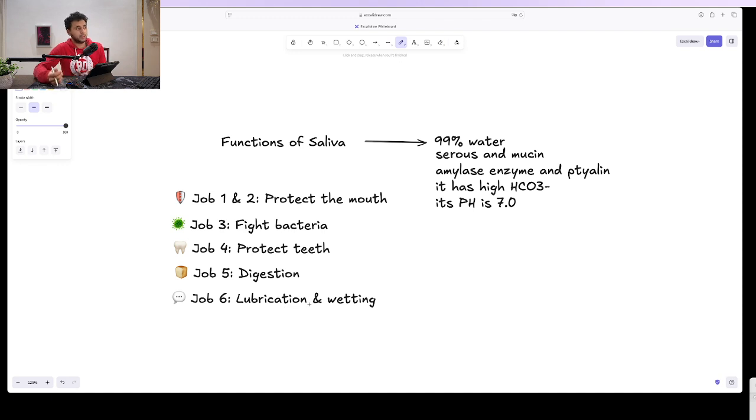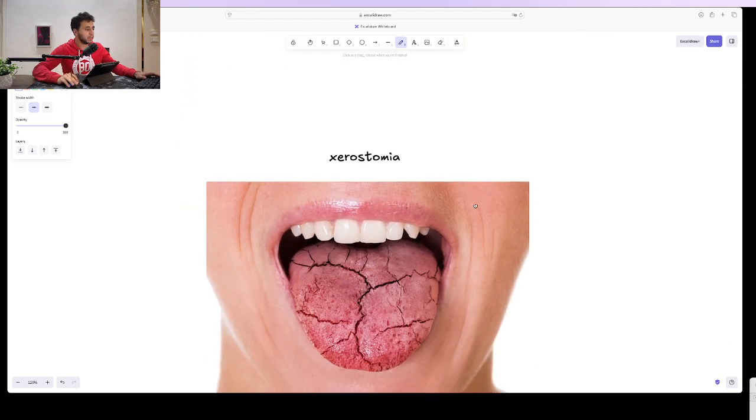Lubrication and wetting come from the mucin, and it's also important in keeping our mouth wet, to protect our mouth from ulceration and infection, because there is a condition called xerostomia, which essentially means dry mouth, and having dry mouth will increase the chance of having ulcers and infections.